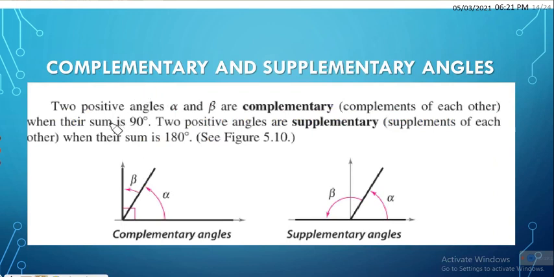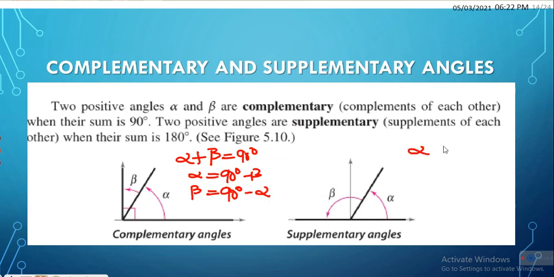So guys, complementary and supplementary angles. Complementary angles add up to 90 degrees. So here alpha plus beta is 90 degrees, and alpha equals 90 degrees minus beta, and of course beta equals 90 degrees minus alpha, while supplementary angles add up to 180 degrees.